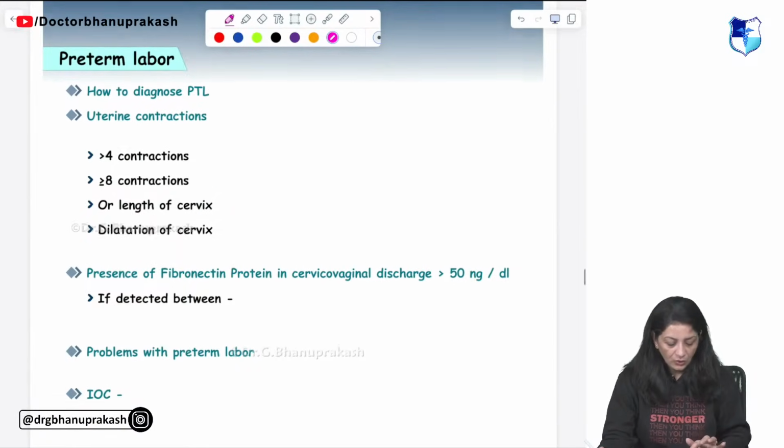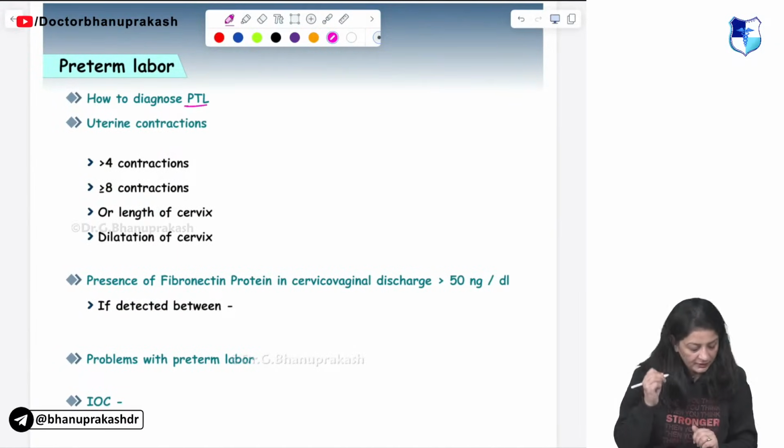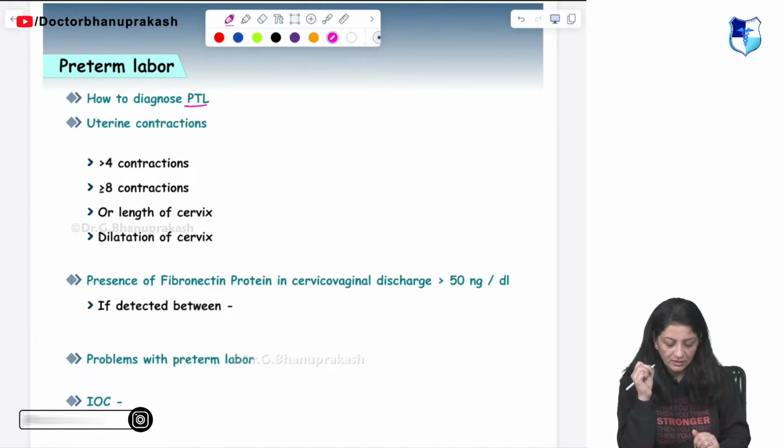Okay, now how to diagnose preterm labor? First of all, uterine contractions.